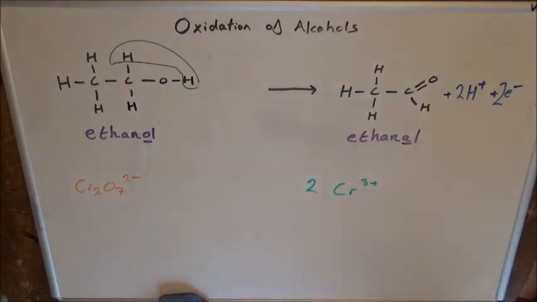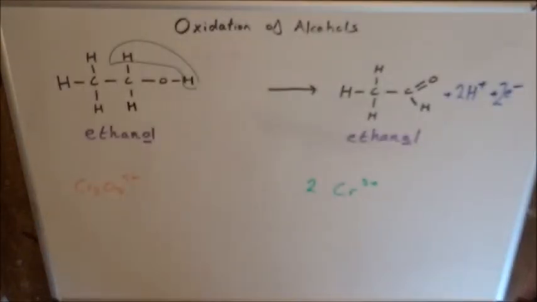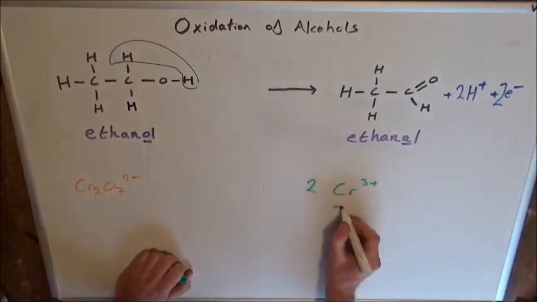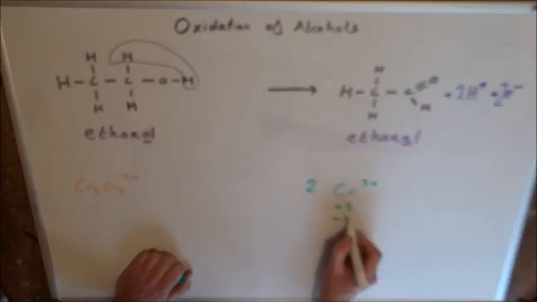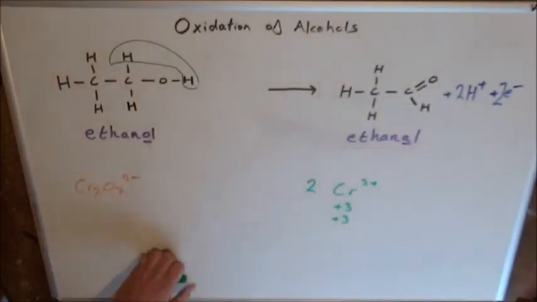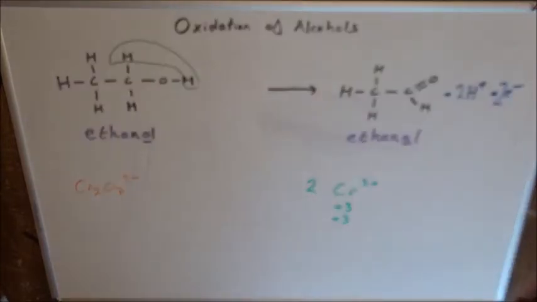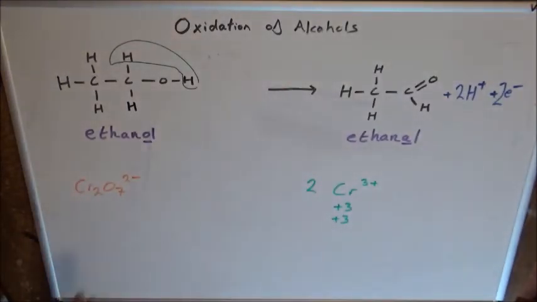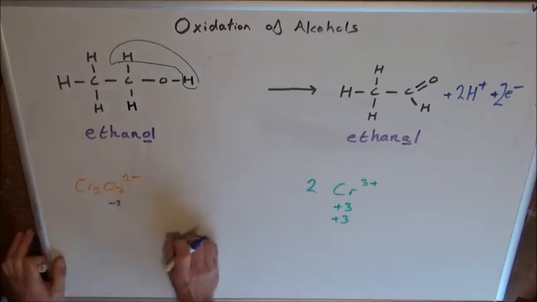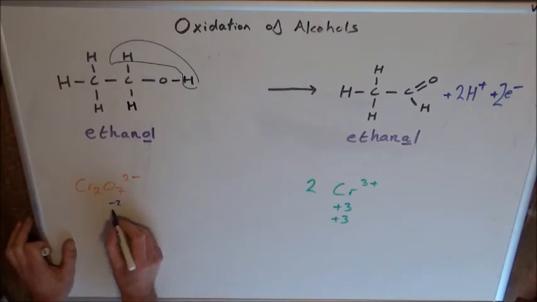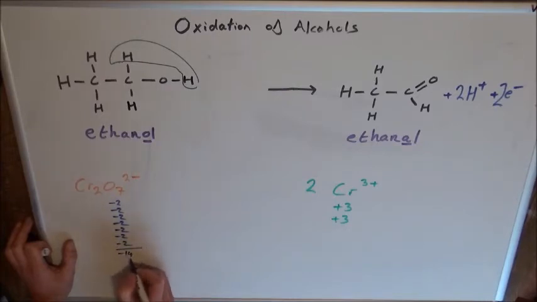Now let's have a quick review of the oxidation numbers in here. This is straightforward. Each chromium is in the +3 oxidation state. It's a simple ion, so the oxidation state is the same as the charge. This one, we have to apply the rules of working out the oxidation state. Oxygen is always -2 unless it's in peroxide, so we've got 7 of them. 1, 2, 3, 4, 5, 6, 7. So they come to -14.